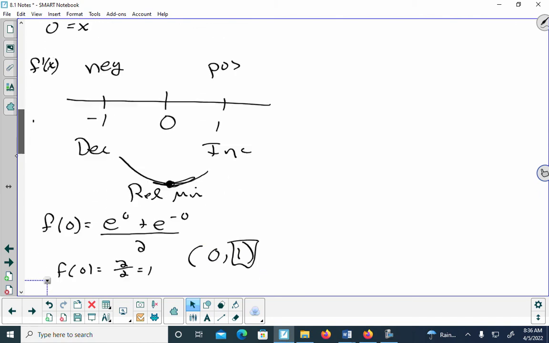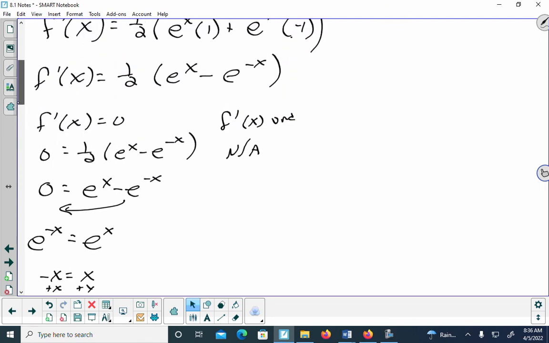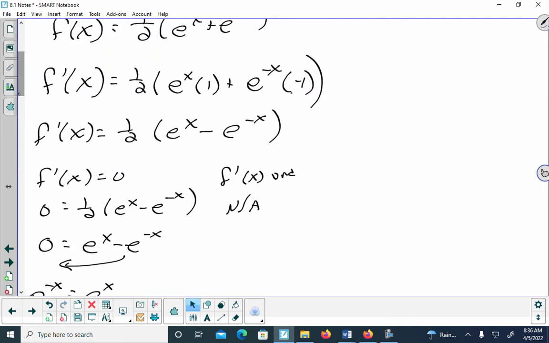Now to find the inflection points, I am going to go up to my first derivative. And here is my first derivative. I'm going to highlight it for you. And I am going to take the derivative of this to find my second derivative. And I'm going to switch colors and go over here. So to find the second derivative, I'm still leaving that 1/2 out there.